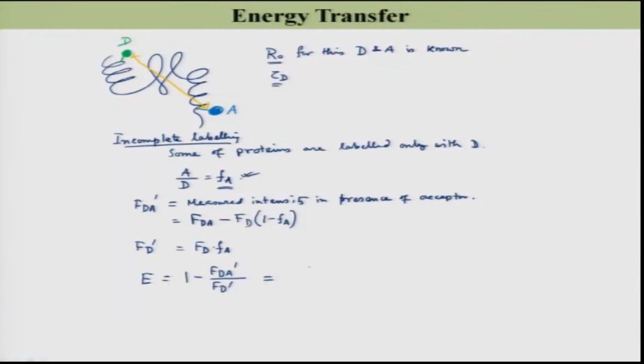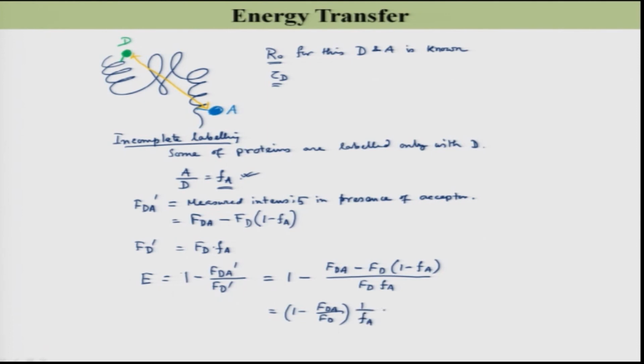So, this can be written as 1 minus (F DA minus F D times (1 minus F A)) divided by (F D times F A), which is equal to 1 minus F DA by F D times 1 over F A. So, you see I get this efficiency in this form, right.